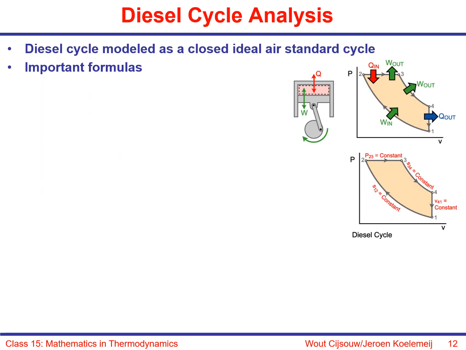Now the diesel cycle, we model it as a closed cycle, and not only that, we model it as an ideal air standard cycle. So what are the important formulas? Well, we treat it as an ideal gas, and using the ideal gas, we will cast the ideal gas law often in a form like this.